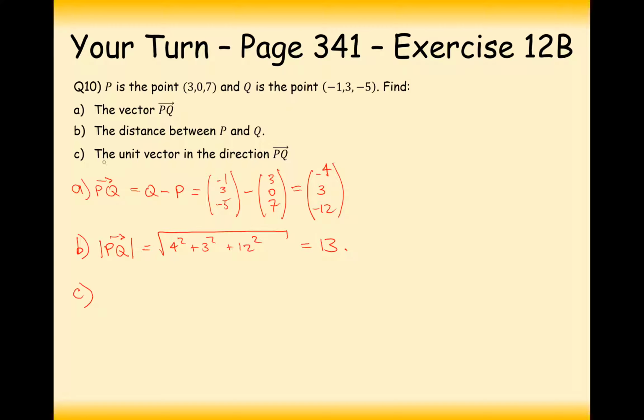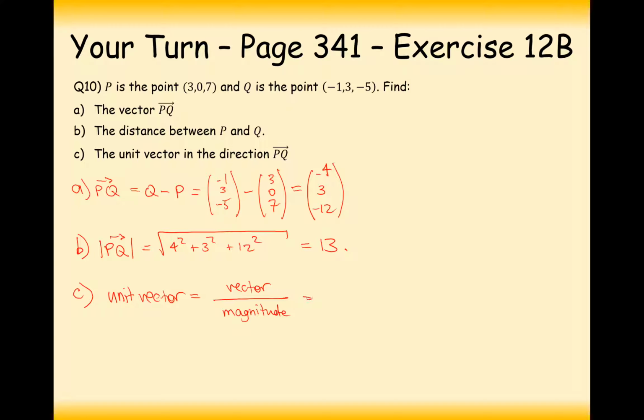Part C, find a unit vector in the direction from P to Q. So remember that a unit vector is the vector divided by the modulus. You might need to write this down because it is something that usually falls through the gaps. A unit vector is your original vector divided by the magnitude of that vector.